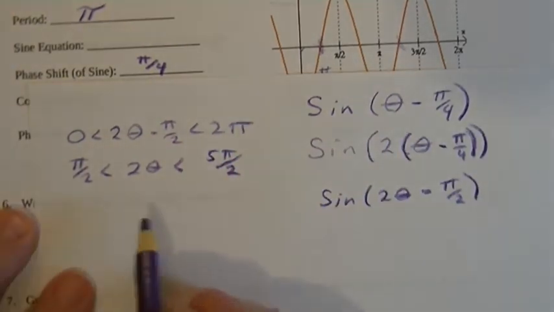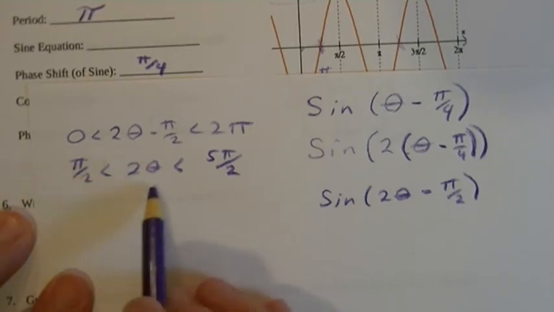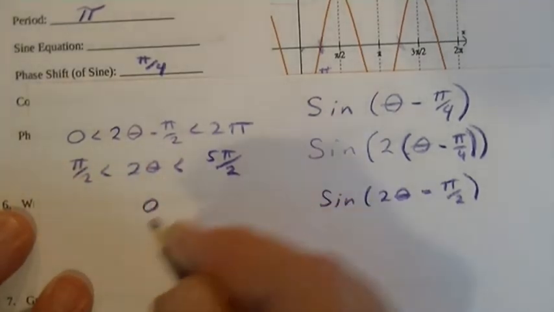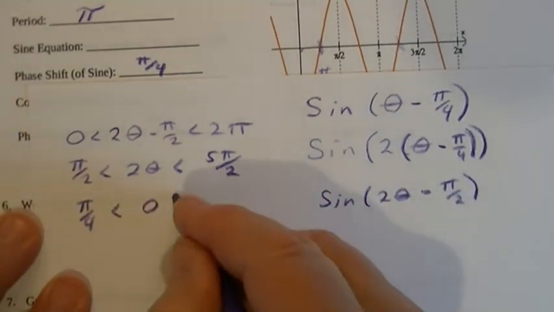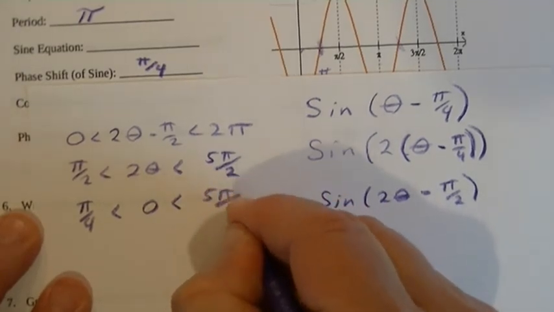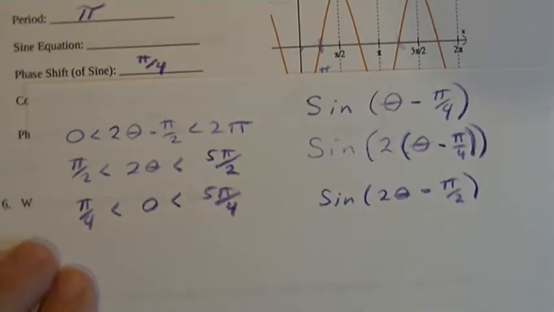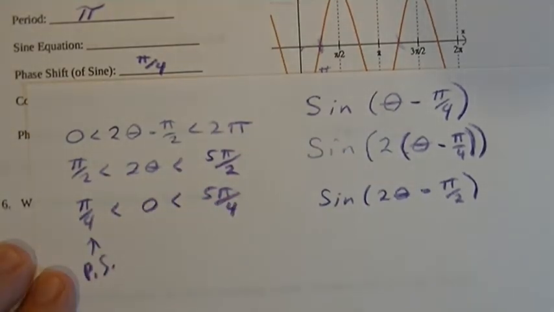And then basically we're going to multiply by a half, right? Or divide by 2. That leaves theta here. That makes this pi over 4. And that makes this thing over here 5 pi over 4. Okay, so here's our phase shift. And that's correct. We were predicting a phase shift of pi over 4. 5 pi over 4 minus pi over 4, right?